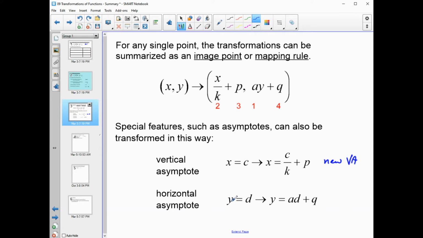And if you have a horizontal asymptote, the equation of a horizontal line is y equals d, y equals some value. You're going to transform that just like you would a y-coordinate, and this is going to give you your new equation for your horizontal asymptote.